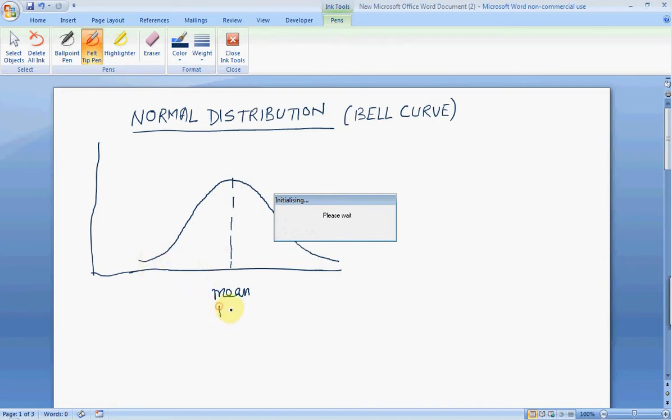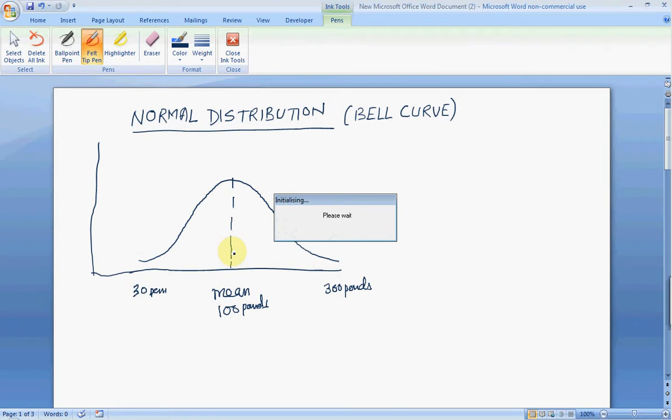If this mean is just a random figure, 100 pounds, there'll be very few people as we keep going to the left, let's say around 30 pounds, and very few people at the extreme right, say 300 pounds. But the majority of the sample would be at the peak, at the mean of about 100 pounds.